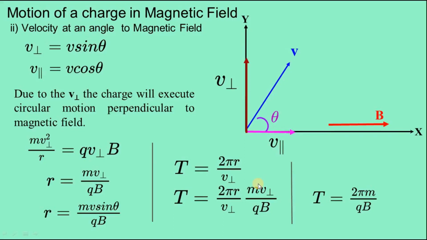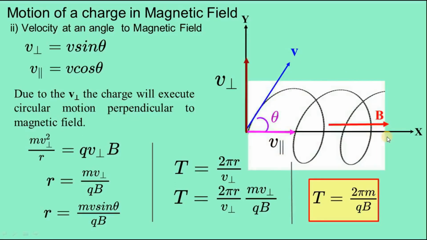But here the particle also has a velocity component parallel to the magnetic field. Due to this v parallel, the particle will move along the x-axis along with the circular motion which it executes. As a result, the path of the particle will be a helical path, or it is called a helix.